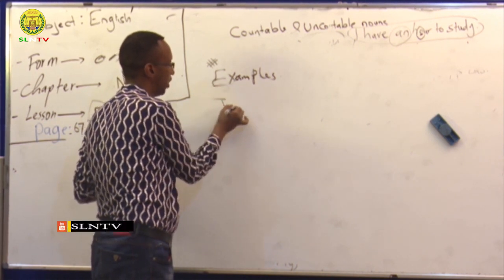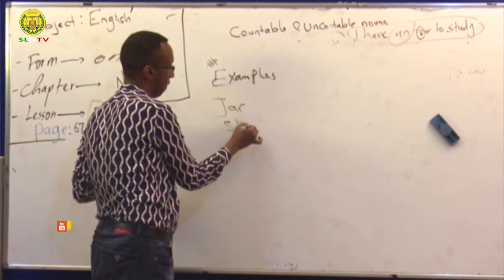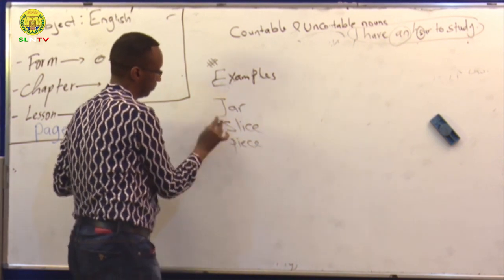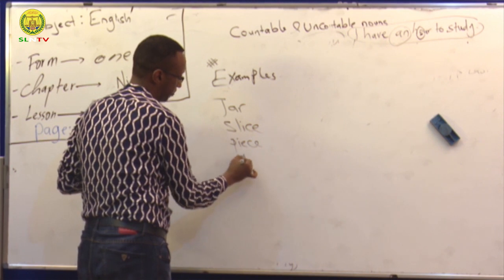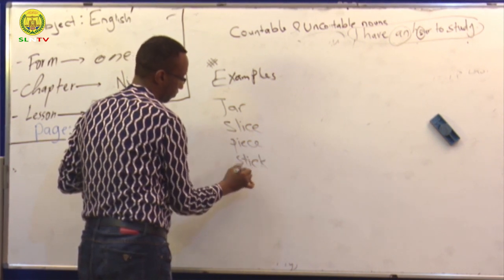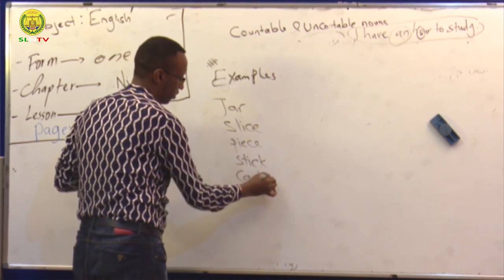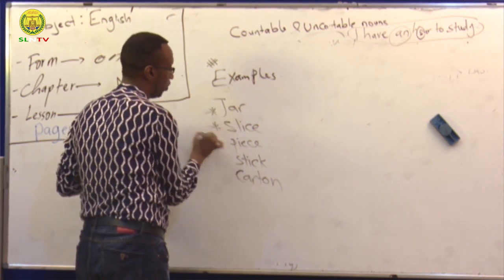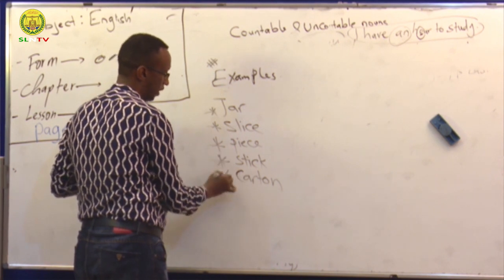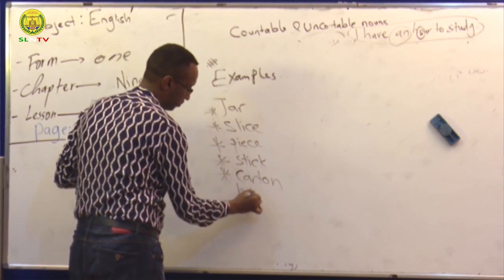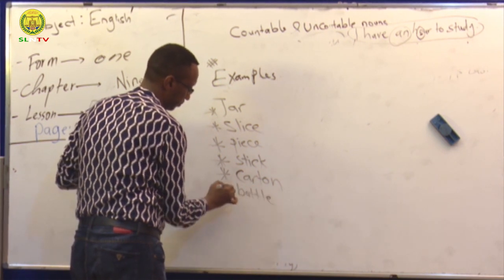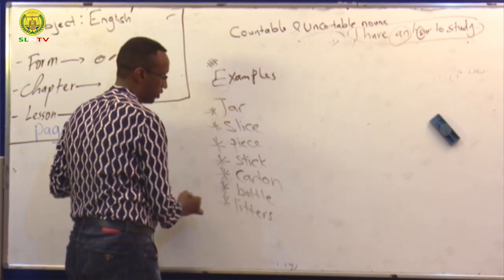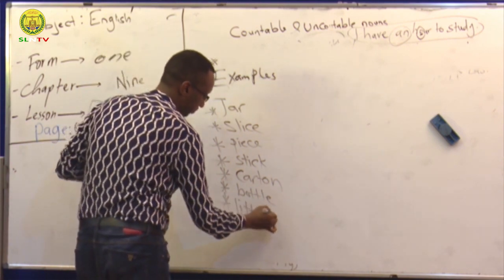So the words: char, slice, piece, stick, carton, these words you have to use before uncountable nouns, or bottle, letters, box.